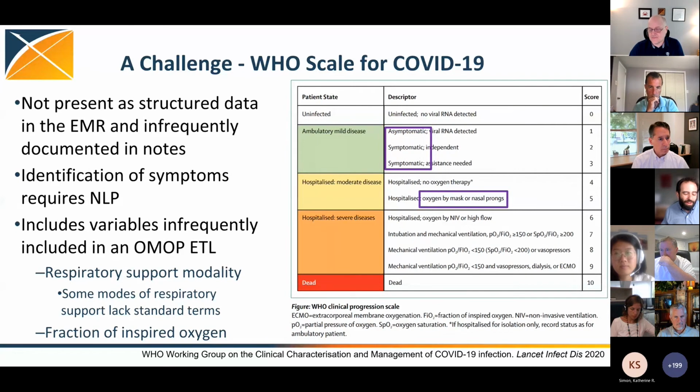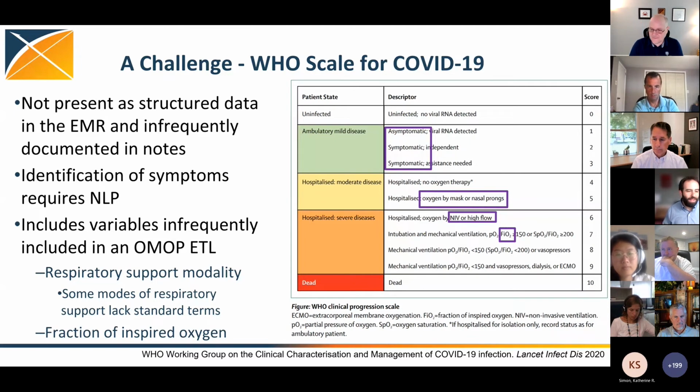And when you dive further into that, you realize that some modes of respiratory support lack standard terms. For example, non-invasive ventilation. I spent a lot of time poring over the SNOMED, and you won't find anything that accurately represents non-invasive ventilation. And another variable, such as fraction of inspired oxygen, is not typically present.